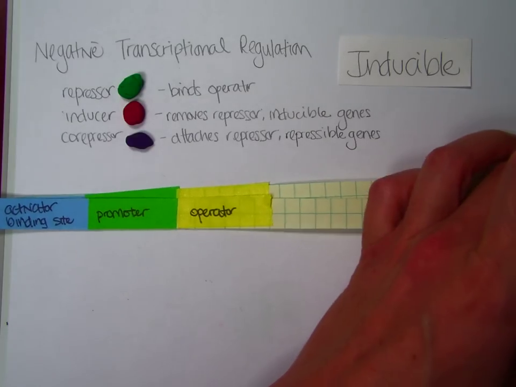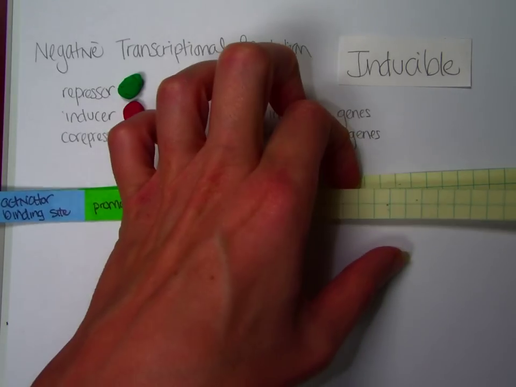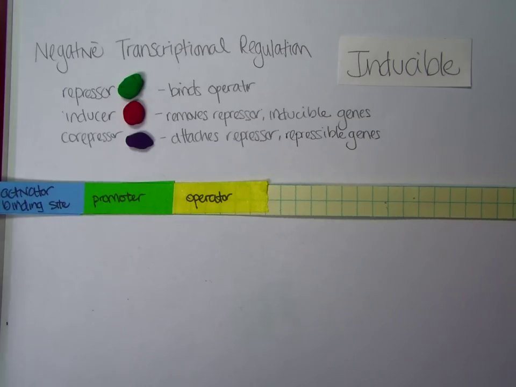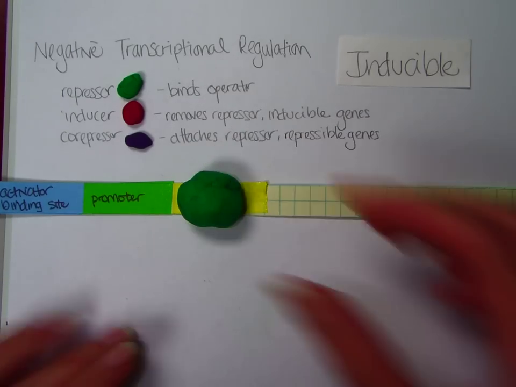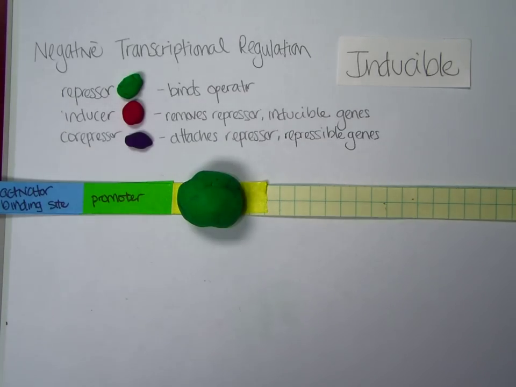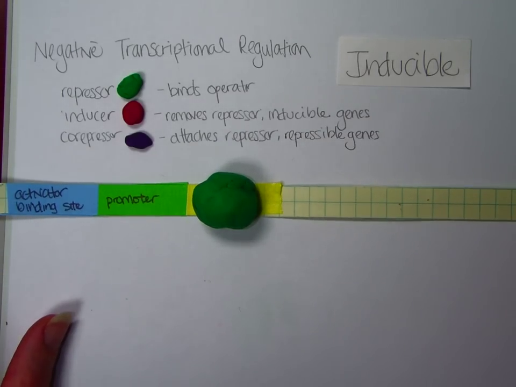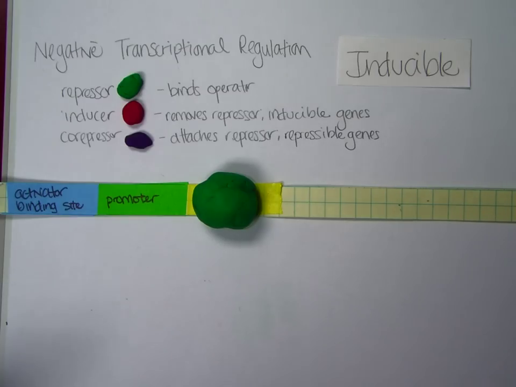Consequently, if we have an inducible gene that's under negative transcriptional regulation, the default is going to be for the repressor to be on the operator, because most of the time, we're not going to need to be making this transcript until we encounter the nutrient.